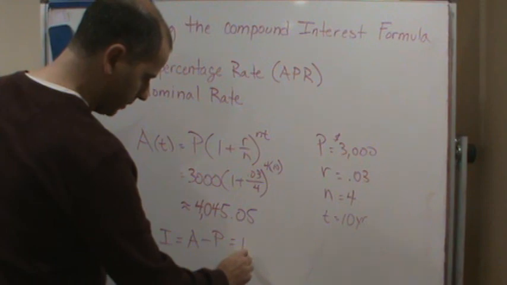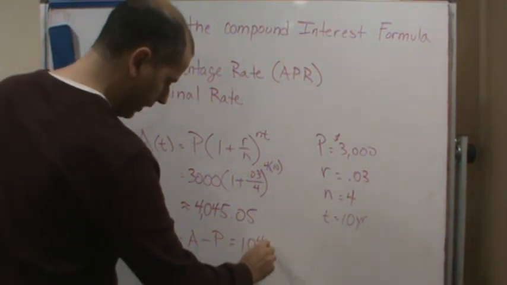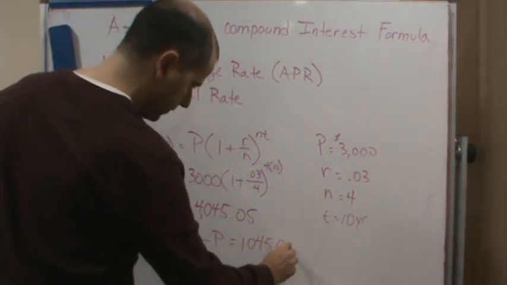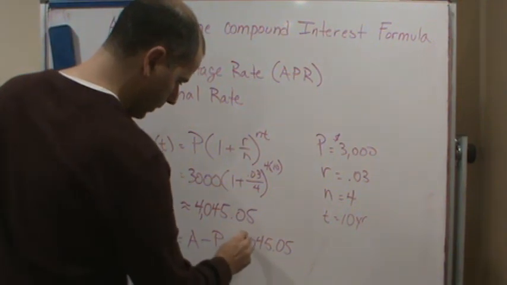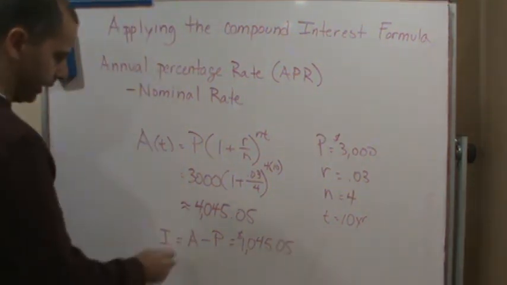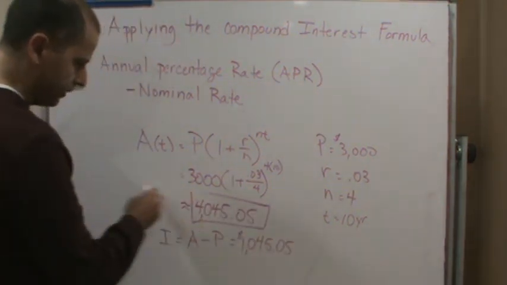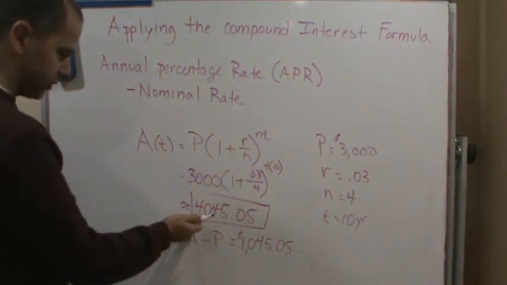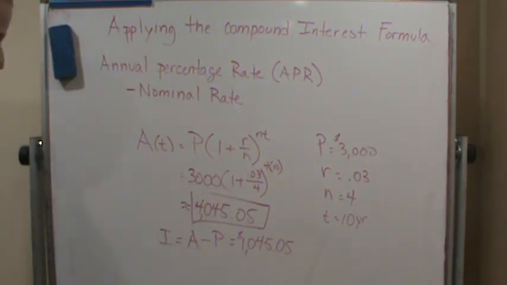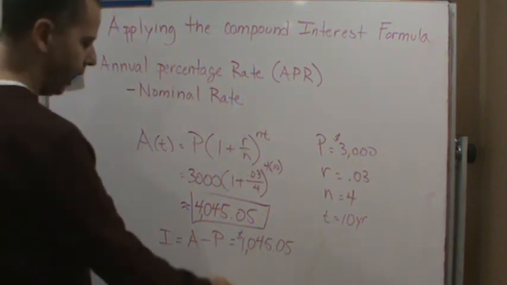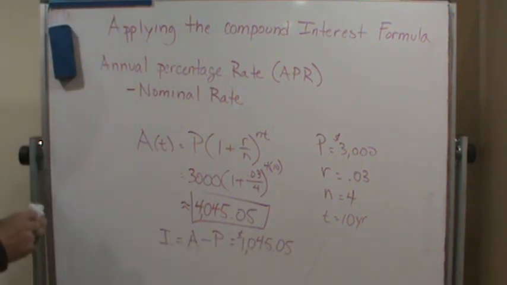So in this case, it's approximately $1,045.05 that I earned in interest. But again, that's incidental. To answer the question, after 10 years, I'll have $4,045.05, of which the interest earned is $1,045.05. That's it. Have a great day.